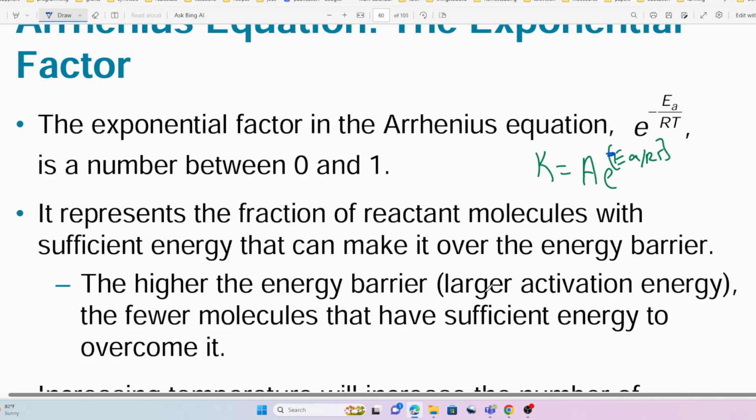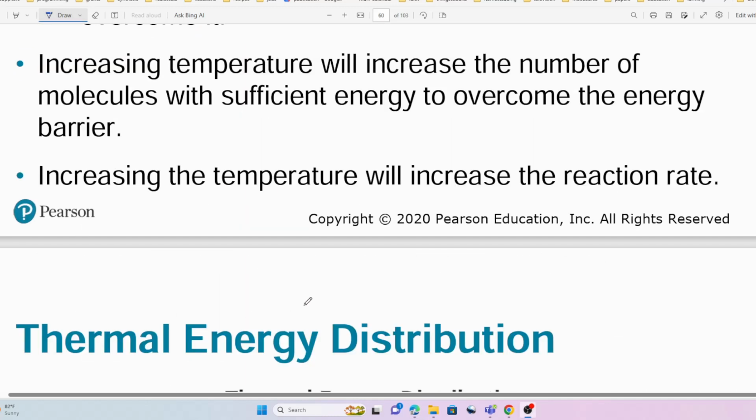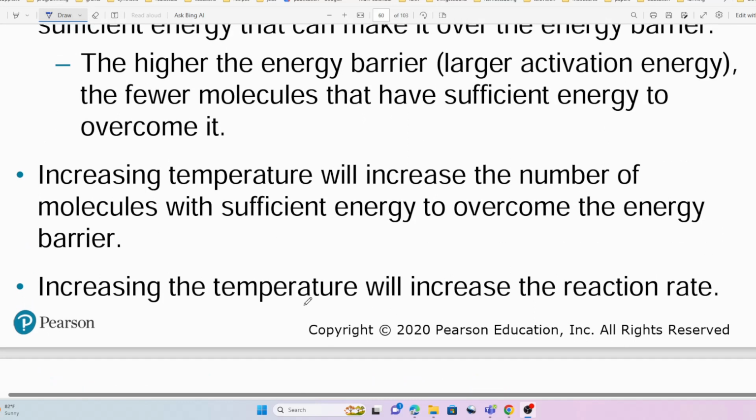The higher the energy barrier, the larger the activation energy, and the fewer molecules that have sufficient energy to overcome it. But here's where we can do something to change the rate. Increasing the temperature will increase the number of molecules with sufficient energy to overcome that energy barrier. And generally, increasing the temperature of a reaction increases the reaction rate for this reason.